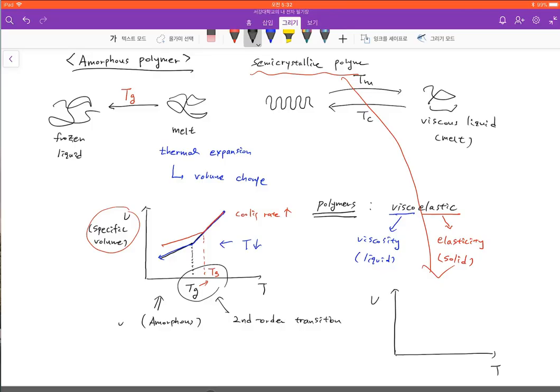Therefore, semi-crystalline polymers exhibit both melting temperature and glass transition temperature. So specific volume changes at two different points. First, at Tg, it increases. And at Tm, the melting temperature, it shows an abrupt increase, like this. And this melting is a first order transition.